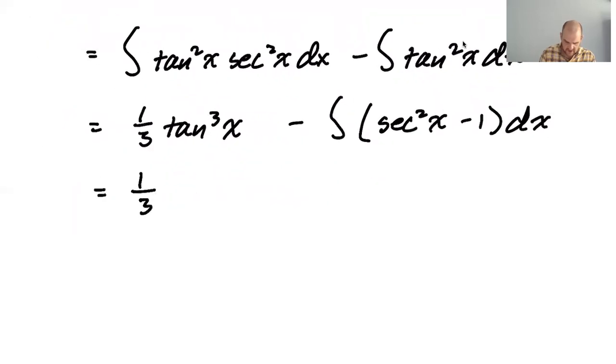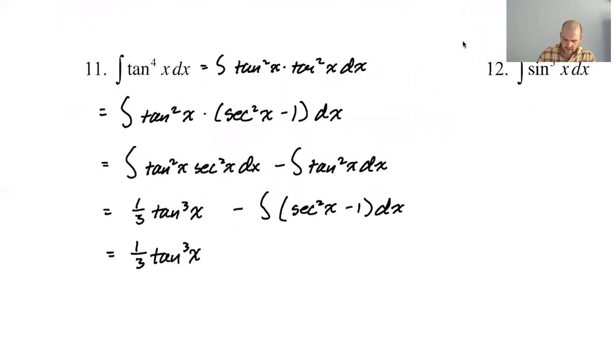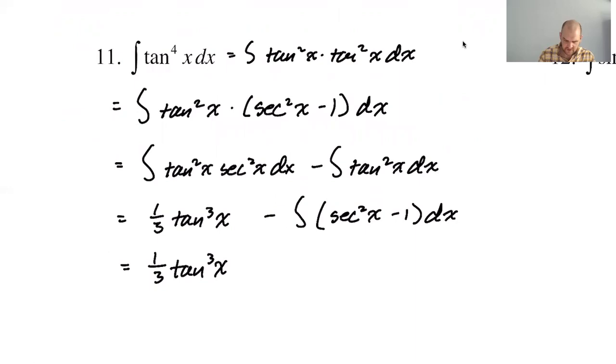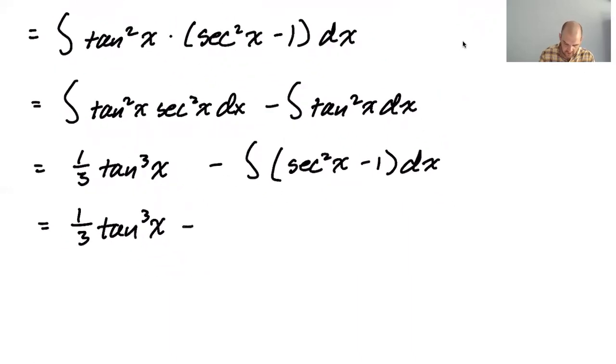So maybe I could have just done, I don't really know. My thought initially was to replace both of these with secant squared minus 1, but that would give me secant to the 4th, and then I think I have to go backwards maybe to make that work. Tangent, ew, some of them have parentheses and some of them don't.